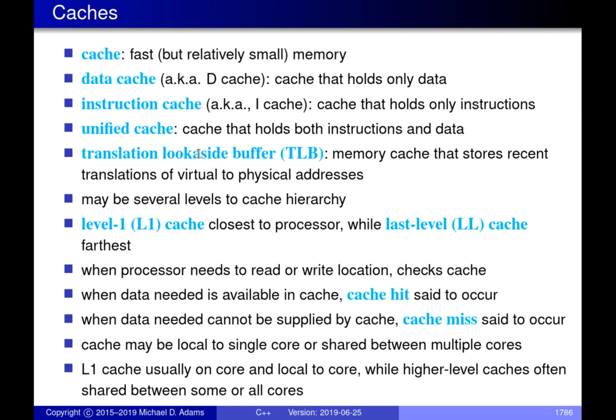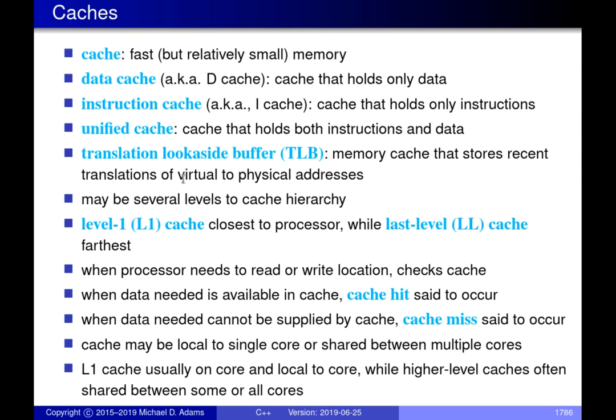So there has to be something to translate the virtual addresses into physical addresses. And because this happens for every memory access that you're doing, at least for user level application code, this can become a bottleneck if it's slow. So they have a cache which is specifically just for speeding up these translations, the translation from virtual to physical addresses. Anyway, this is called a translation look-aside buffer.